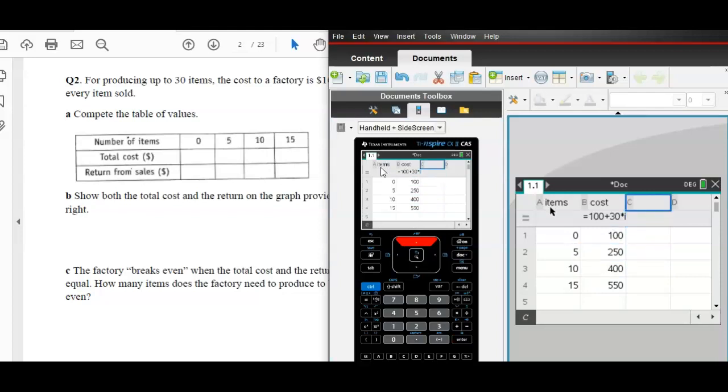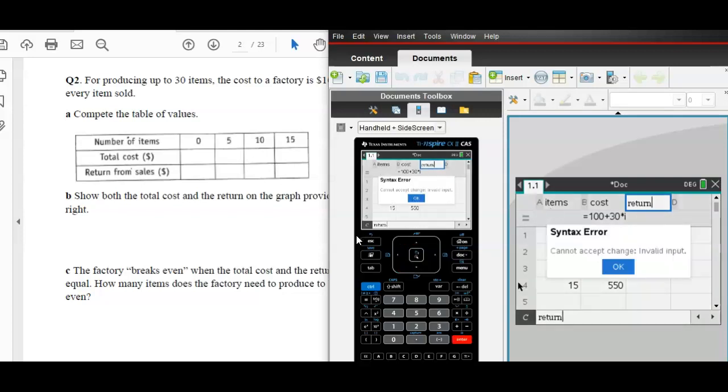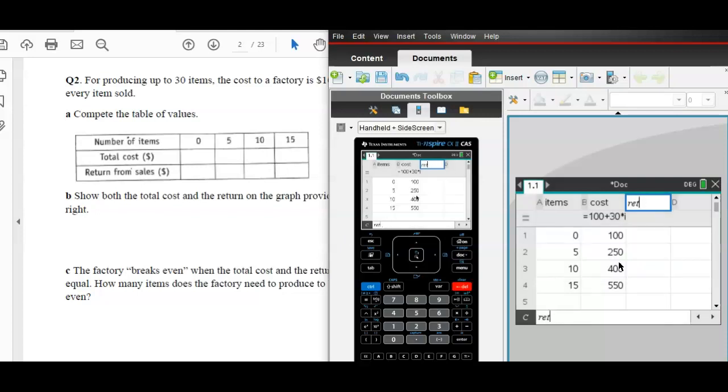Then the return from sales is... cannot accept, what? It doesn't like that. Sometimes the calculator is a bit weird. If it doesn't accept something, it's probably because it's already programmed into the calculator.